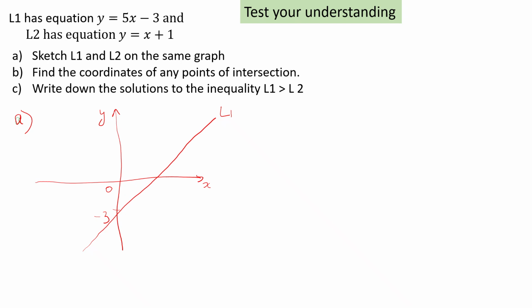Second one, y equals x plus 1. So y-intercept is 1. And the gradient is also 1.